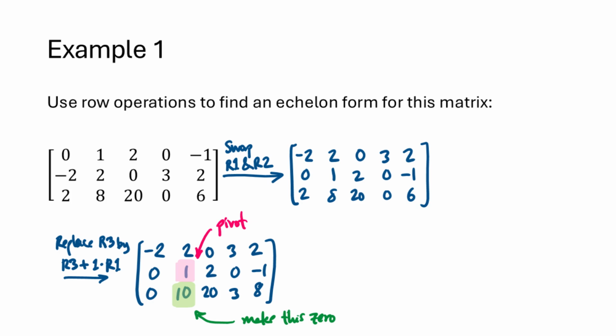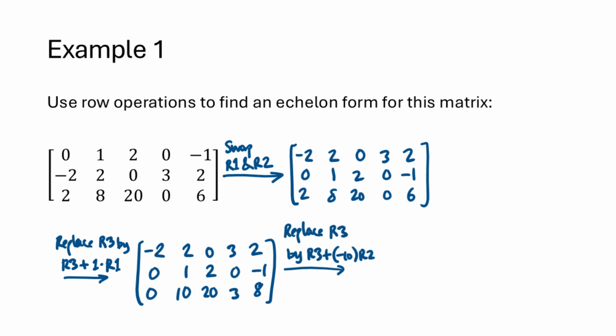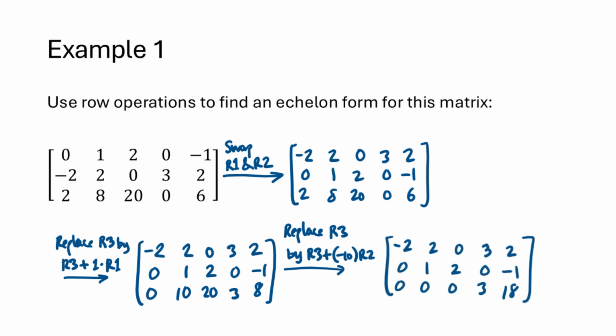What number would we have to multiply by row 2 to get there to be a 0 where we currently have that 10? Well, hopefully it's not too hard to see that we need to multiply row 2 by -10 and then add that result to row 3 to turn that into a 0. That's going to give us our next matrix, and when we get to this point, we can check our echelon form conditions and realize that this matrix is in echelon form, which means at this point we're done.